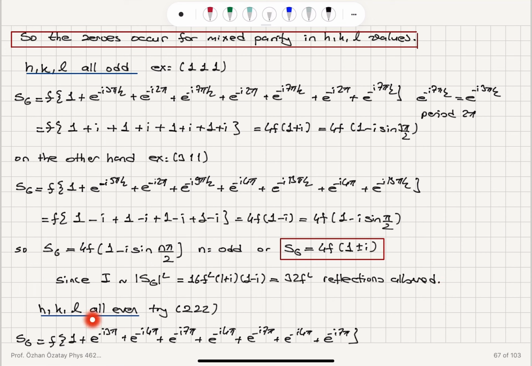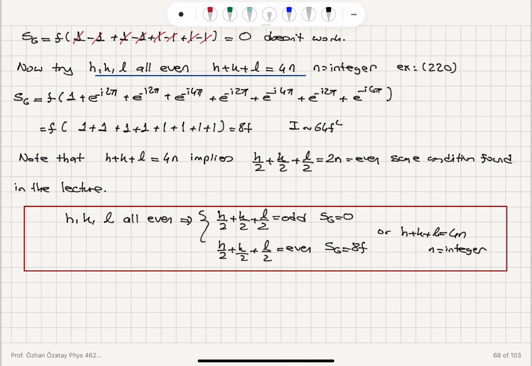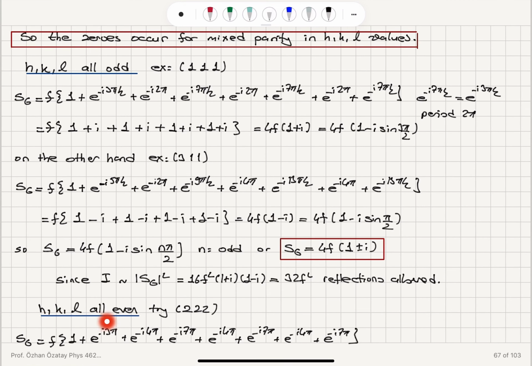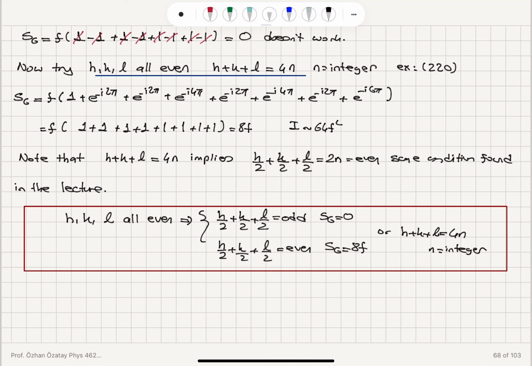When HKL are all even, for example, when we try 2, 2, 2, we get also a 0. So we see that there is another possibility of getting a 0 when HKL are all even, but their sum is not equal to 4n. So that is this situation here basically. So this is another answer for the structure factor being equal to 0.